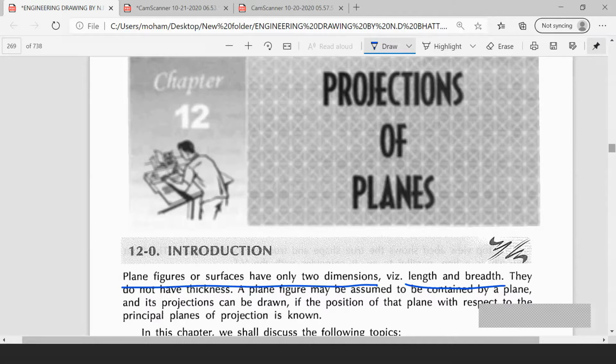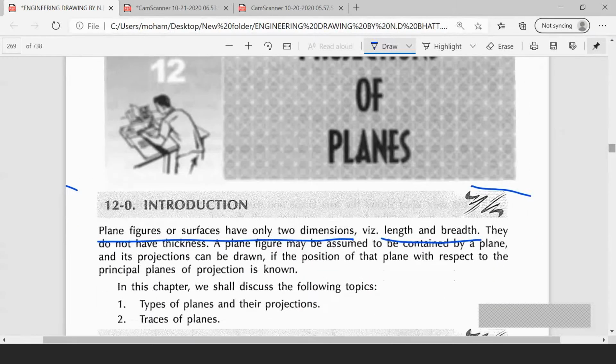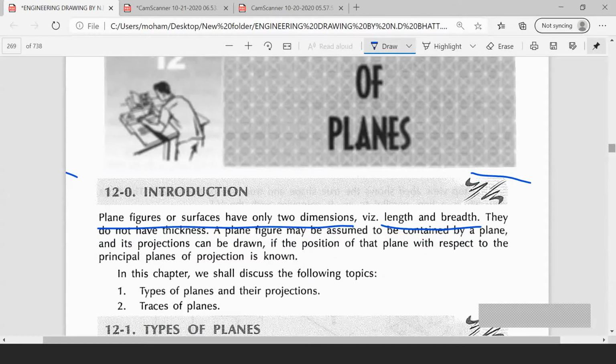Okay, they don't have thickness. The plane figures may be assumed by a plane and its projection can be drawn if the position of the plane with respect to the principal plane of the projection is known. Understand? A plane has two dimensions, length and breadth.